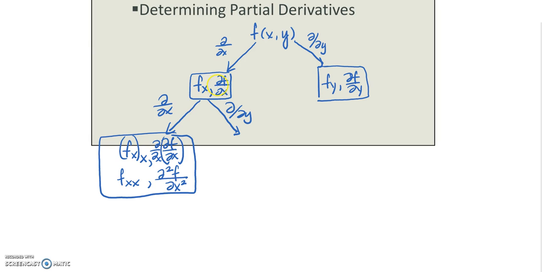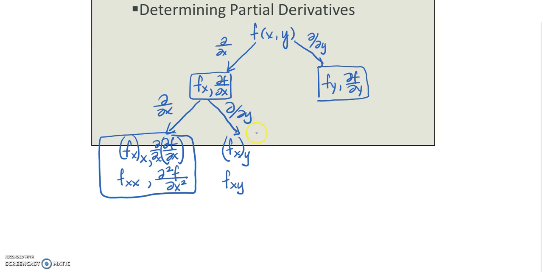If I started with the partial of f with respect to x, but then for my second partial derivative I decided to do y, that gives me f sub xy. The x was the first partial derivative, y was the second.